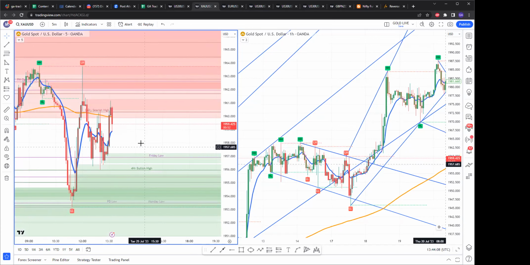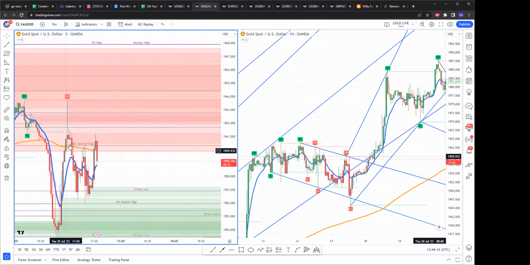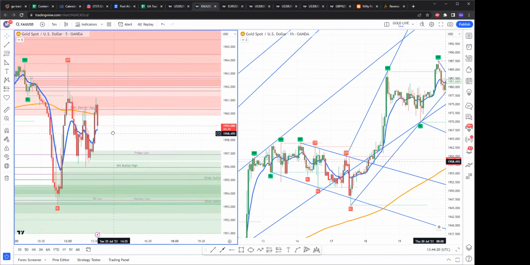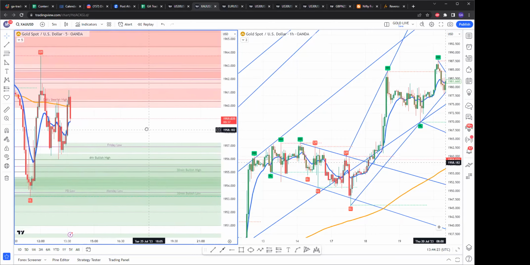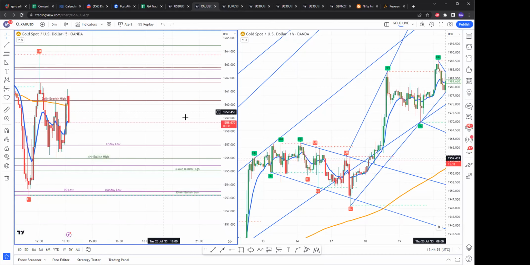And there you go. When I turn on the zones indicator, what do you see? You see a small concentration of sellers between 1961.3 and 1960.5. So that's what I want to see. And you can see price literally rejecting from this daily bearish high. But you can see buyers do have the 4-hour bullish high, but for me, high time frame order blocks will always overlap low time frame order blocks.